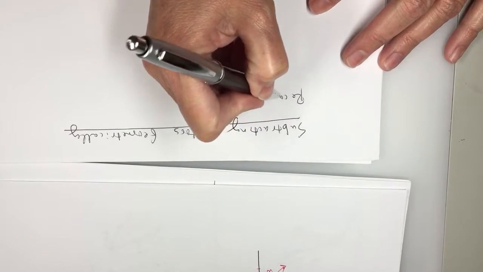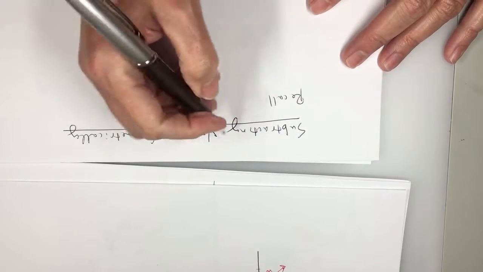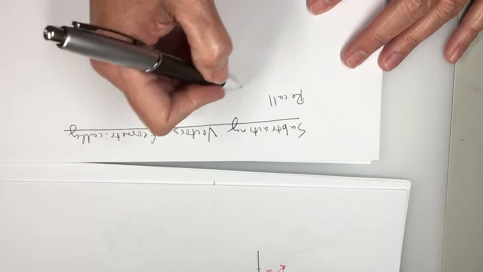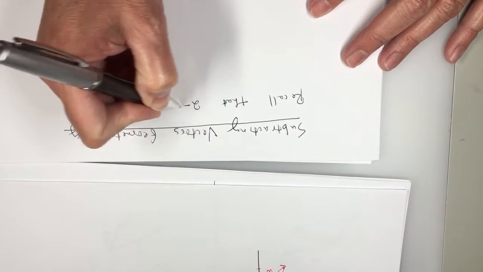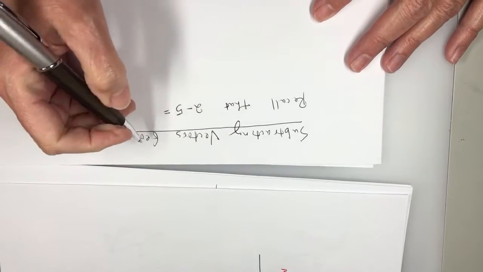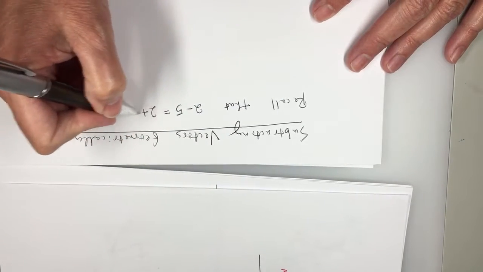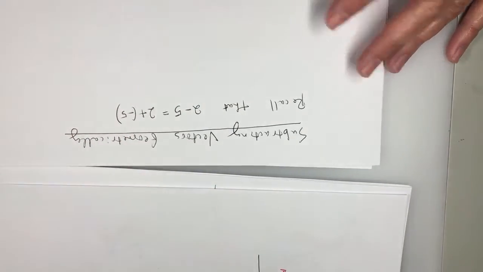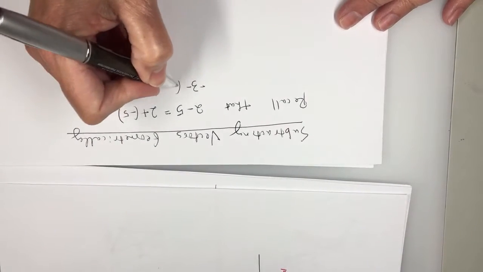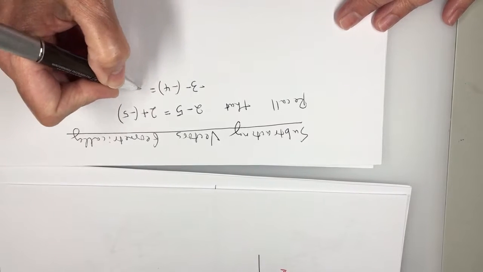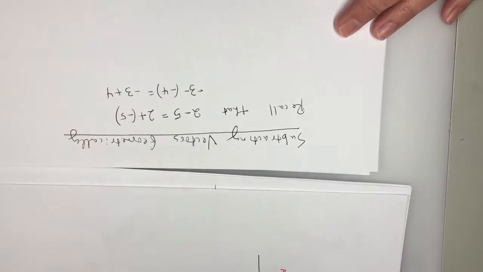So, recall that if I'm doing regular subtraction, I could do 2 minus 5. I could write that as 2 plus -5, right? If I have -3 minus -4, that's -3 plus 4.